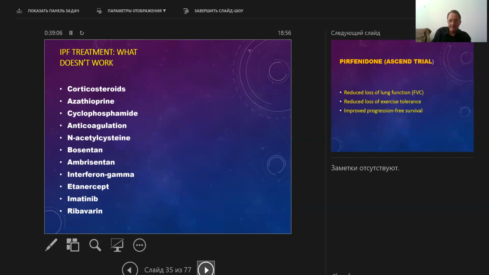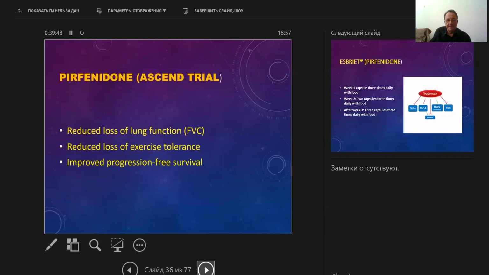And the results: patients who received triple therapy had the highest level of mortality, respiratory mortality, and exacerbations compared with patients who received placebo. That's why in IPF these drugs don't work, and please do not prescribe these drugs for treatment of patients with IPF.